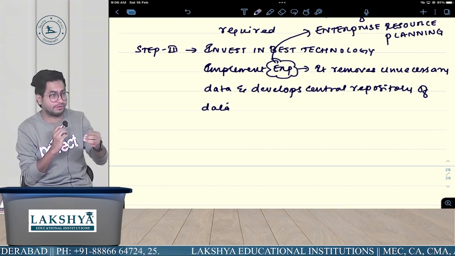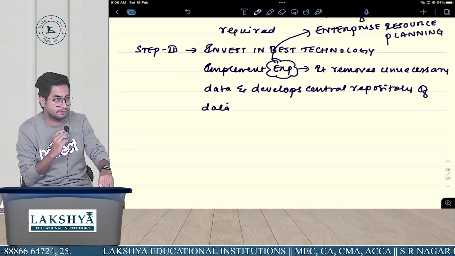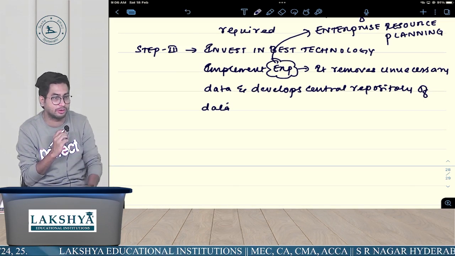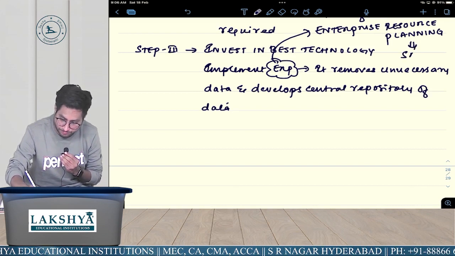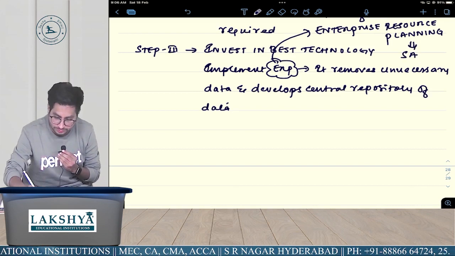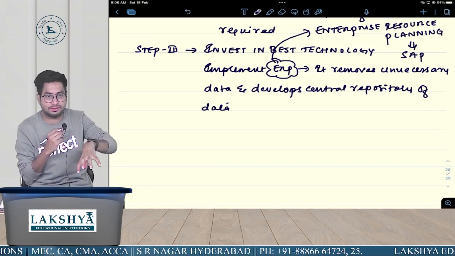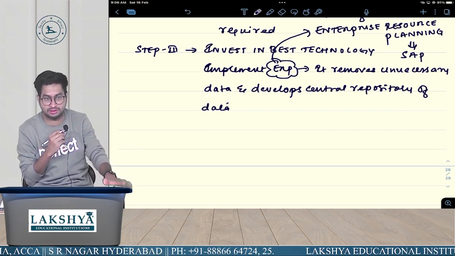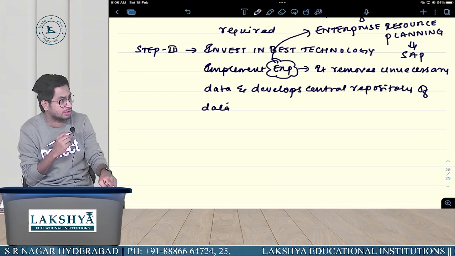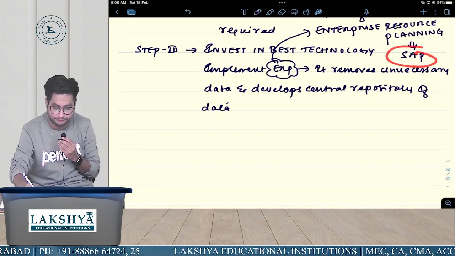I hope everyone knows that if you want to write both the groups of CMA Inter, you need to complete some training online. What is that? SAP. So SAP is an example of a software. SAP is a software which business uses, and it is based on a technology called ERP. ERP is not a software. ERP is a technology. Using ERP technology, they have created a software called SAP.